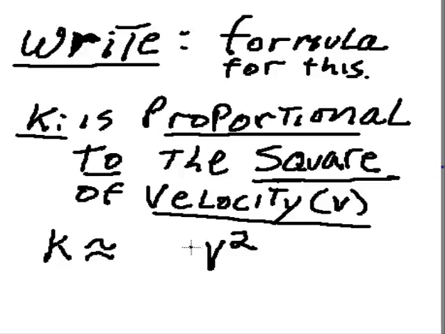Let's call it C. But as soon as I put in that constant, I can write the equal sign. So K equals C times V squared.